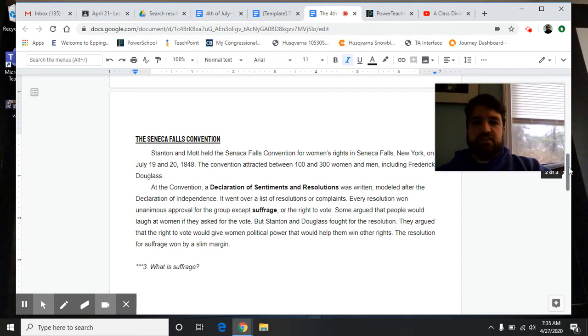But the Declaration of Sentiments and Resolutions, as we've talked about with the Declaration of Independence, yes, there's the opening paragraphs of the Declaration of Independence where the language that we know of Thomas Jefferson, we hold these truths to be self-evident that all men are created equal, that whole line. But the rest of it is mostly a big long list of complaints, right?